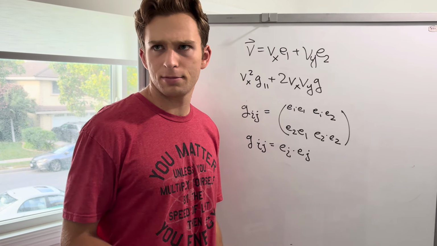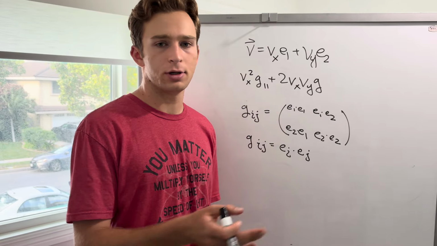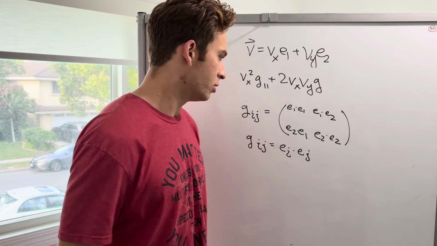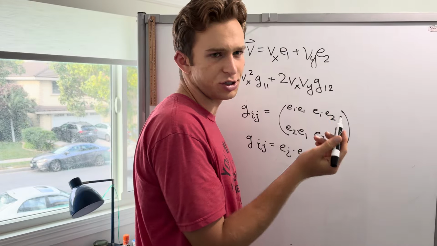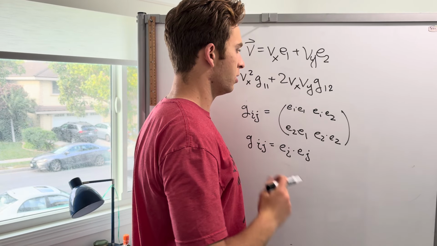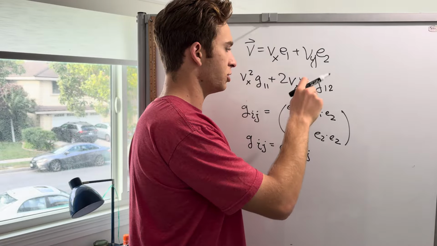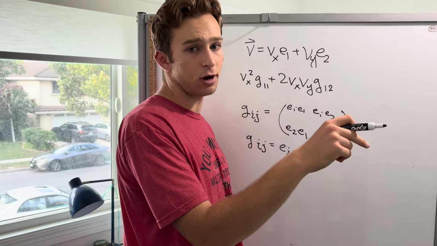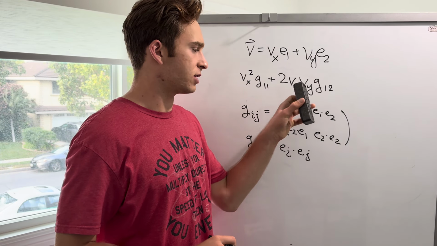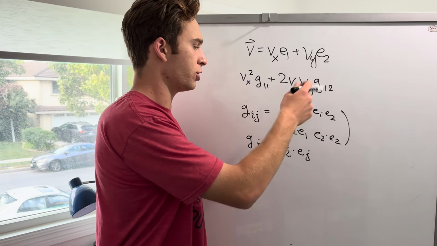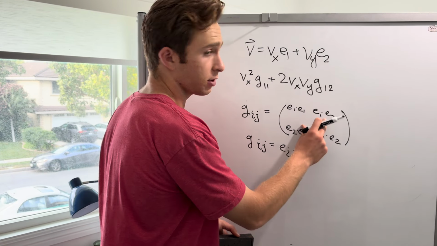It's the same thing if you have, let's say, 2 times 1 or 1 times 2, they're both going to be the same value. And so you can just call this G12 or you can call this G21. It doesn't really matter, but they're the same. And so instead of saying vx vy G12 plus vx vy G21, you can just have 2 times vx vy, and then whichever one you want to put, 1 2 or 2 1. They're the same value.